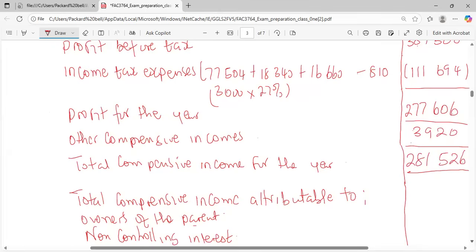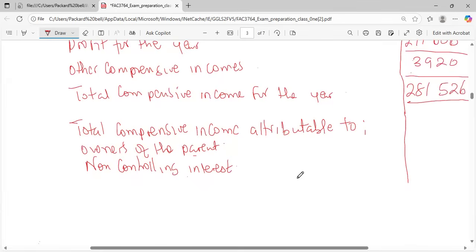Then you come here and you say total comprehensive income attributable to owners of the parent. You are now going to say 281,526 minus the NCI.